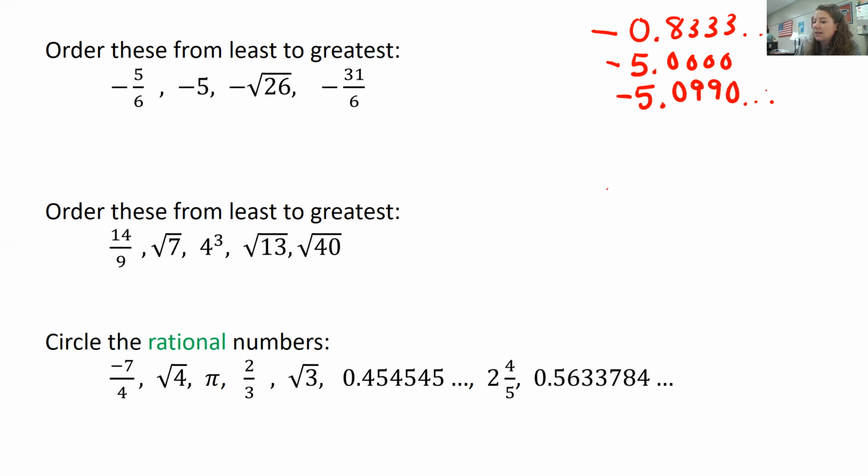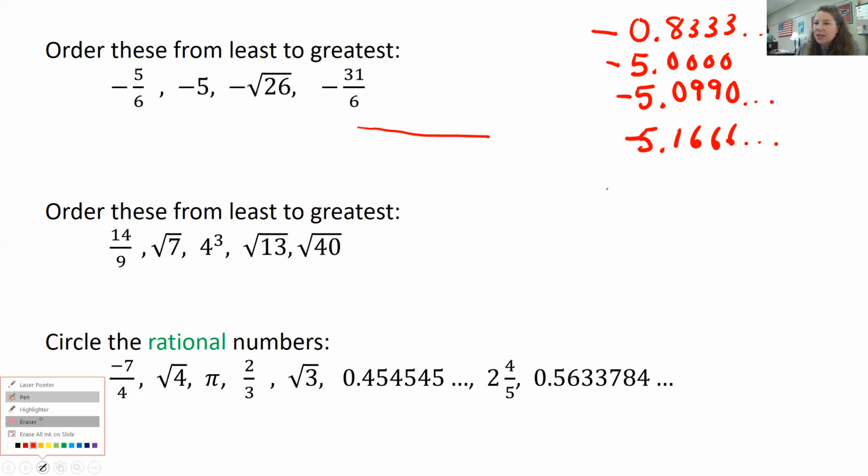And then the last one, which is -31 divided by 6, and my calculator tells me I get -5.1666... forever. Okay. All right. Now remember, oh, that was terrible. Let me try to make a semi-straight line.